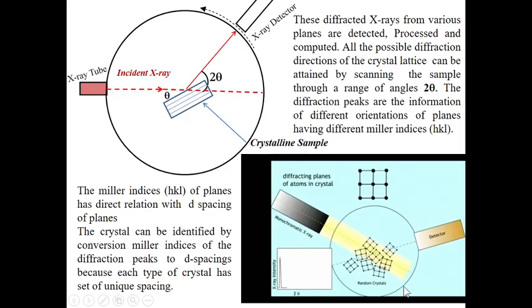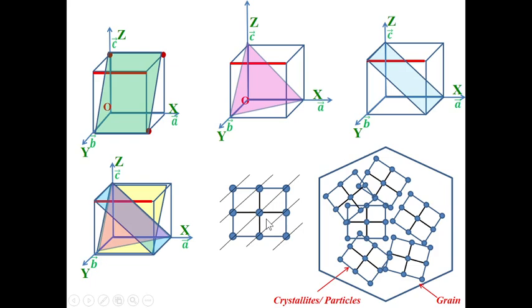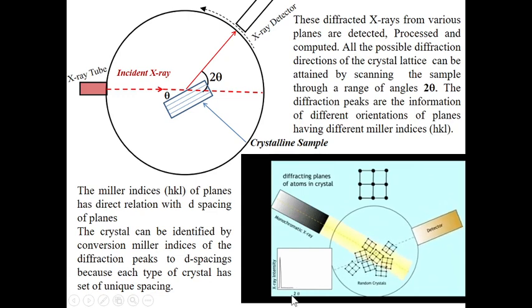So at a particular 2 theta angle these planes respond, or you can say the diffraction that happens from these planes gives constructive interference, so we can get the peaks.